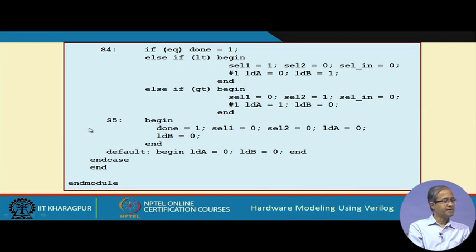And finally, in S5 when you are done, you activate the signal done equal to 1 and deactivate all the select lines and loads, so that nothing else will proceed after that. And for default we are just setting load A 0, load B 0. So, you see in this example the FSM, we are actually generating all the control signals as per the flow chart whatever you require.